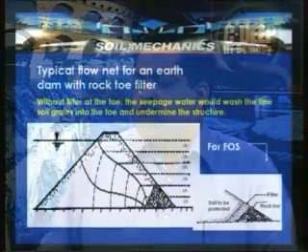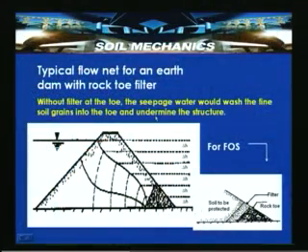If you look at this typical flow net for an earthen dam with a rock toe: without a filter at the toe, the seepage water would wash the fine soil grains into the toe and undermine the structure.